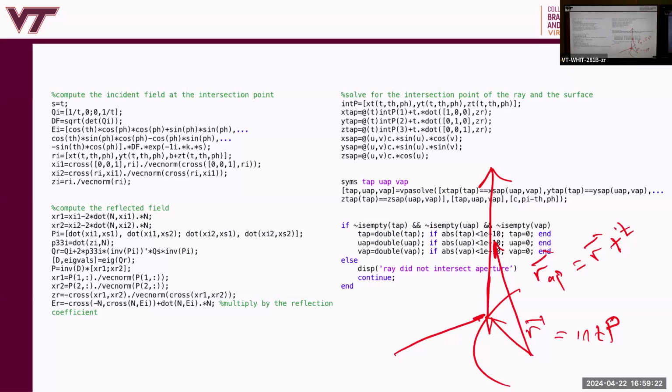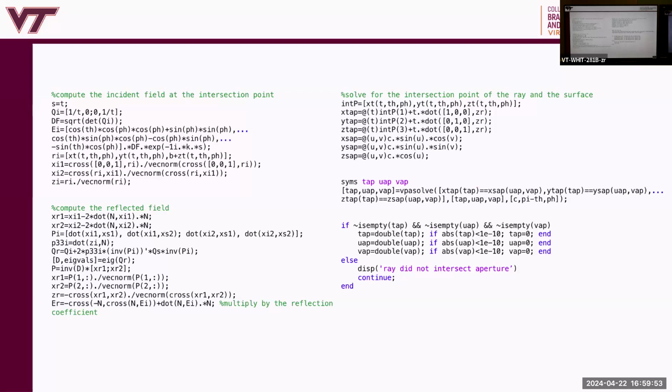But this unit vector, which is the tangent to the ray, is the Z of the reflected pencil coordinates, right? The axial ray's tangent vector is the tangent vector to the reflected ray. So all we have to do is dot that Z with X, Y, and Z to get the tangent vector, right? I realize it's probably hard to see it from where you guys are, but go through the code, okay? Now here's the parameterization of the aperture plane, which is a sphere again, but you guys want to change that to a paraboloid. All right? Okay.